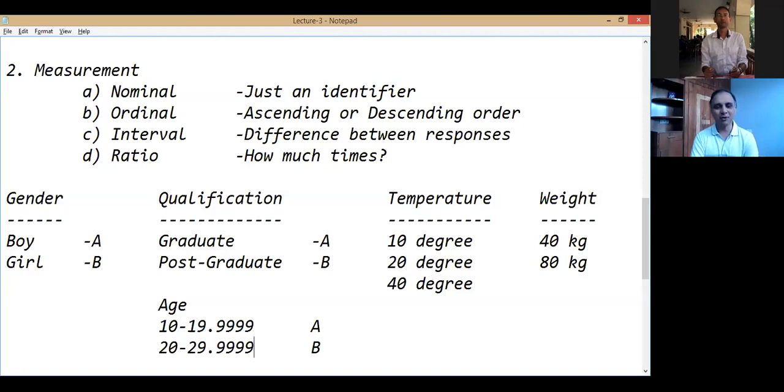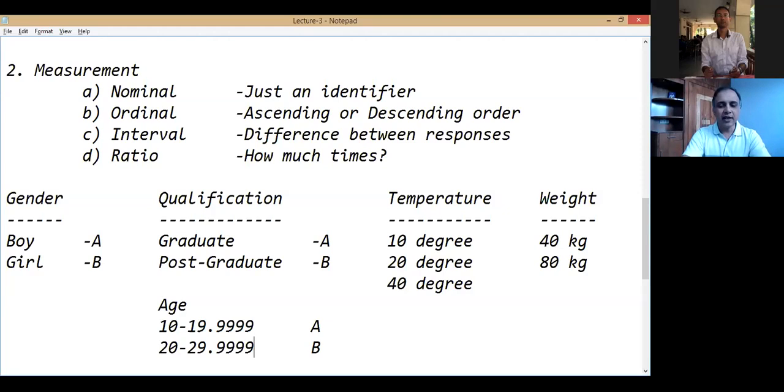Focus on the question. There are two persons. My question is, I asked age 10 to 20, 20 to 30. Is it ordinal or interval? Look at the scenario. A said I am between 10 to 20. B said I am between 20 to 30.